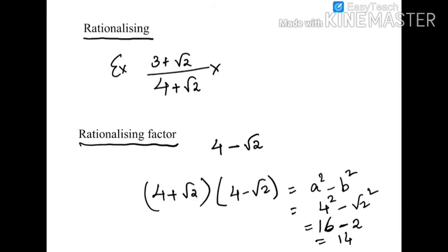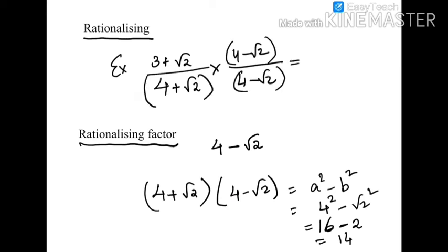So we multiply this number by 4 minus root 2 and divide by 4 minus root 2. The numerators are to be multiplied like we multiply an algebraic expression, and the denominator will be 14.